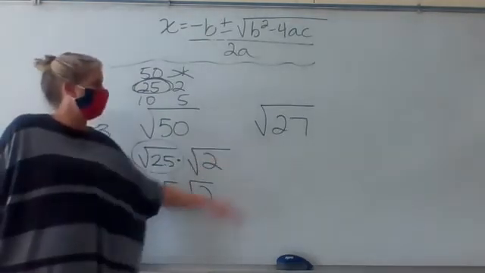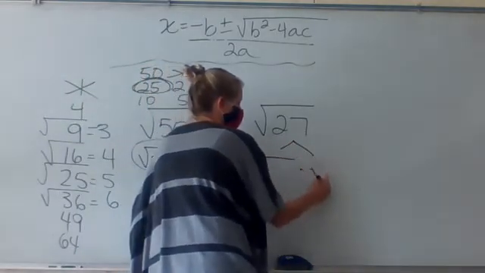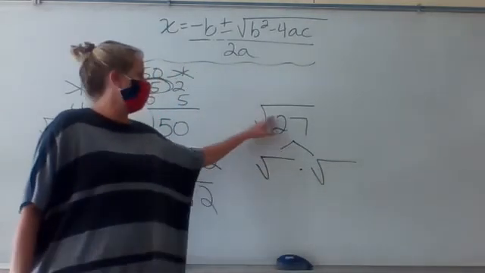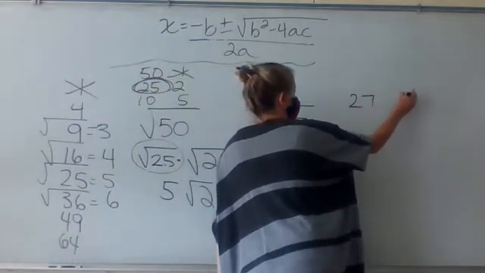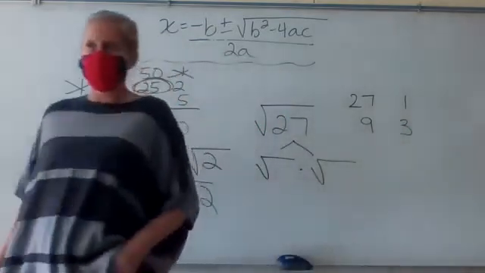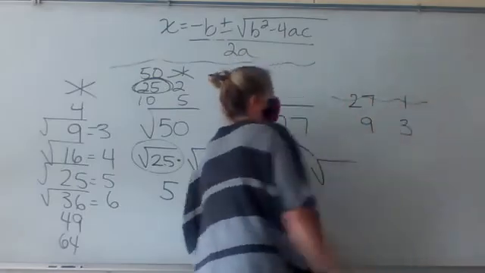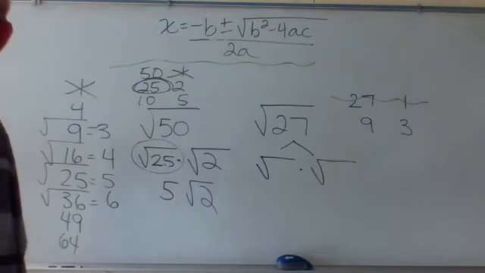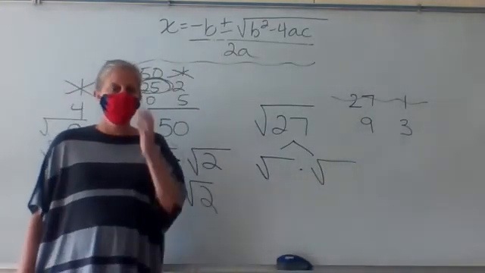So let's try the 27. Will it break apart to 2 numbers where one of them is a perfect square? How do you multiply to get 27? 27 times 1 and 9 times 3. Remember, you don't ever use the number times 1. Even though 1 is a perfect square, it doesn't help me. It doesn't help me because I still have a 27, which means I still have the same exact thing.